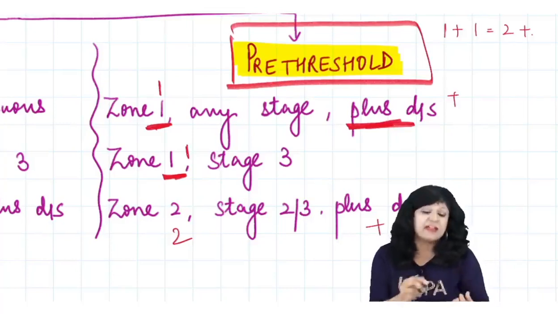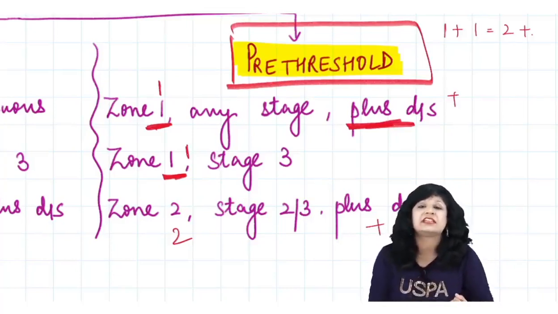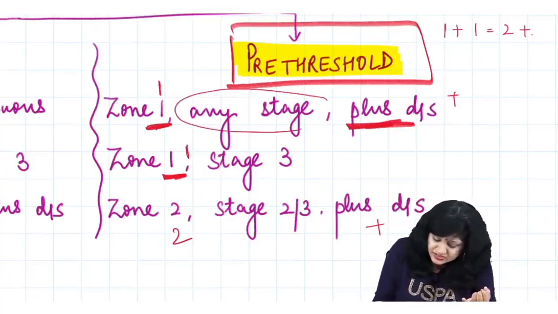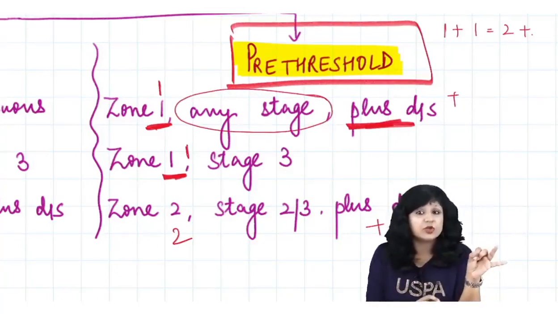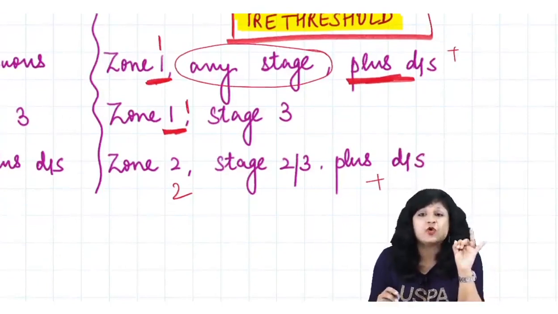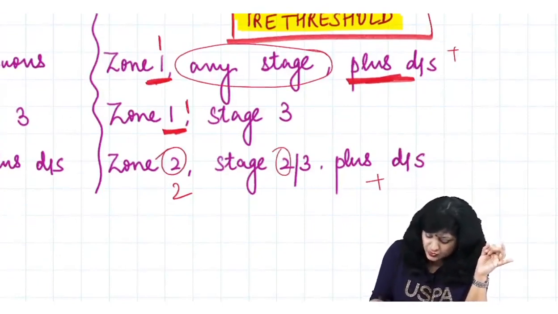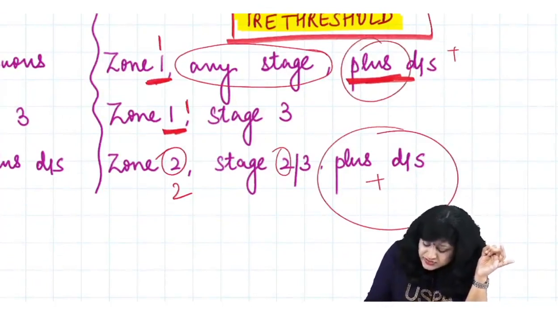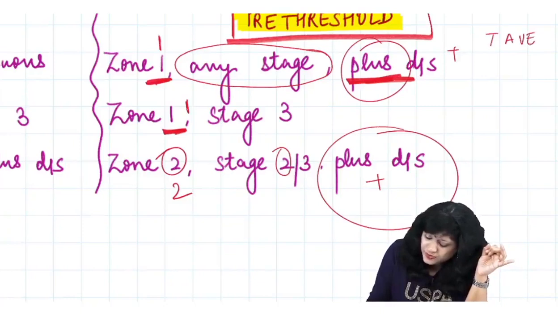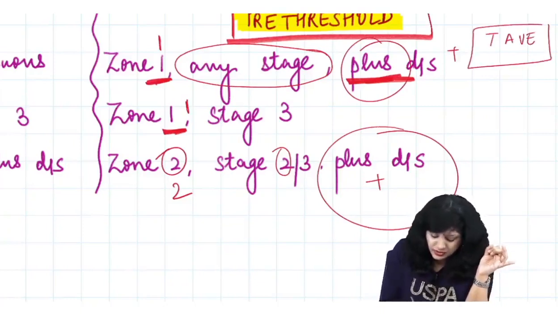So when you are having zone 1 plus disease, any stage is a pre-threshold. Then zone 1 stage 3 even without plus disease, and zone 2 stage 2 with plus disease, that is also pre-threshold. What is plus disease? Tortuous arteries and engorged veins. Remember, I had given you this mnemonic.